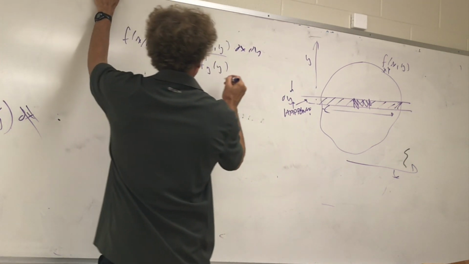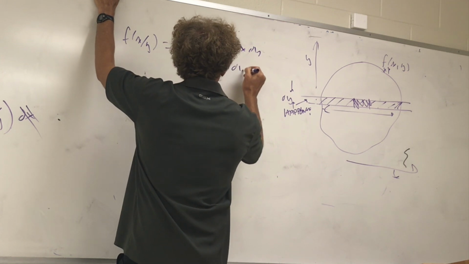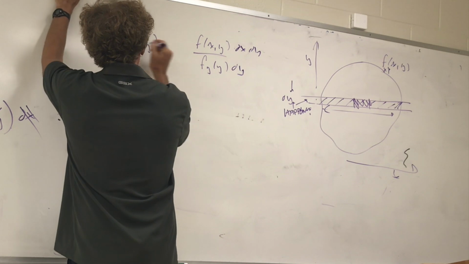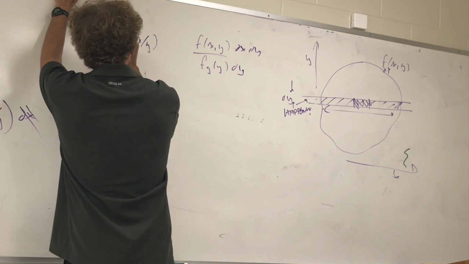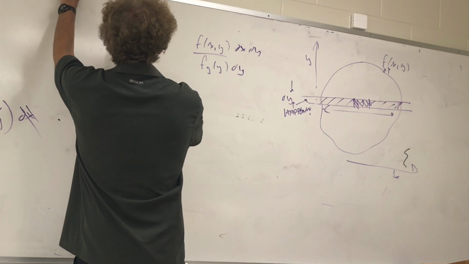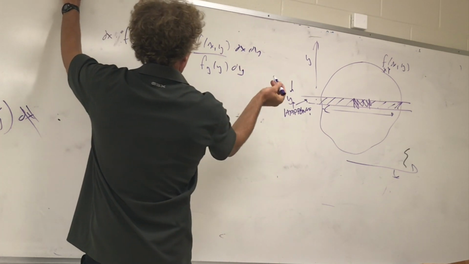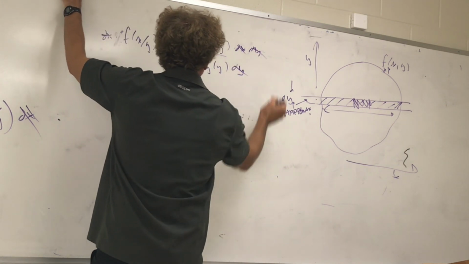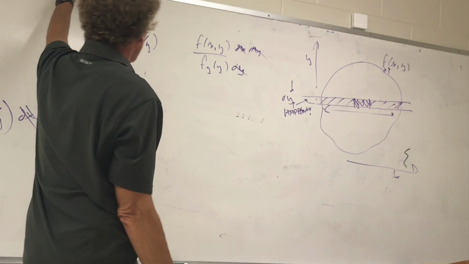Then you're going to take f of y dy here, and this is going to be an integral of f of x given y, and it's dx dy. No, it's just dx, that's right. Then this cancels that, and you should get that, and that is in his book.